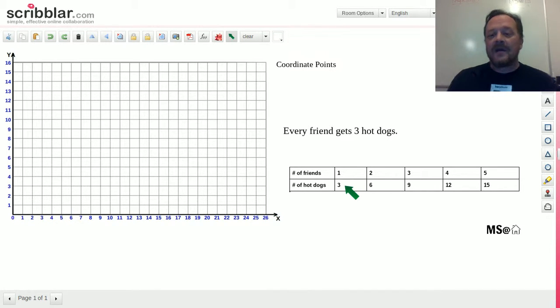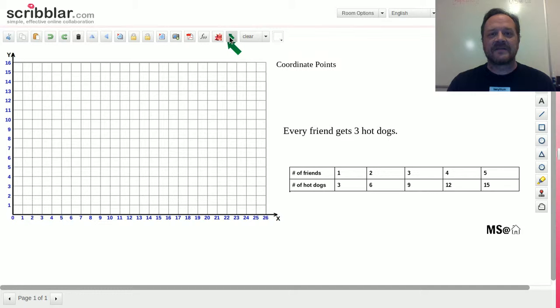The independent variable is almost always x, and the dependent variable is almost always y. That's going to come in handy when we start labeling the x and y axes.